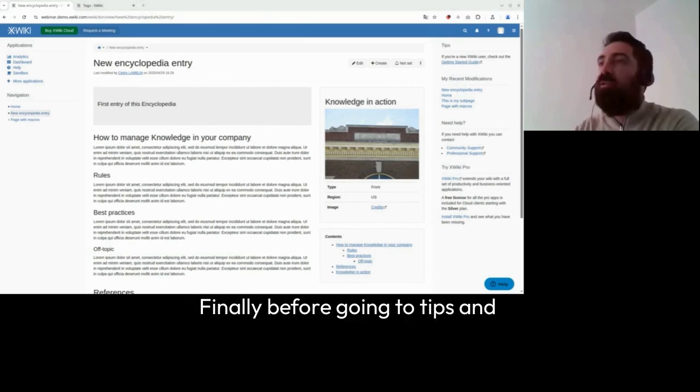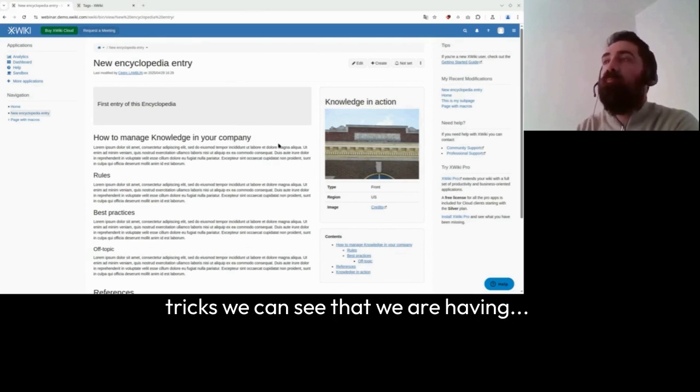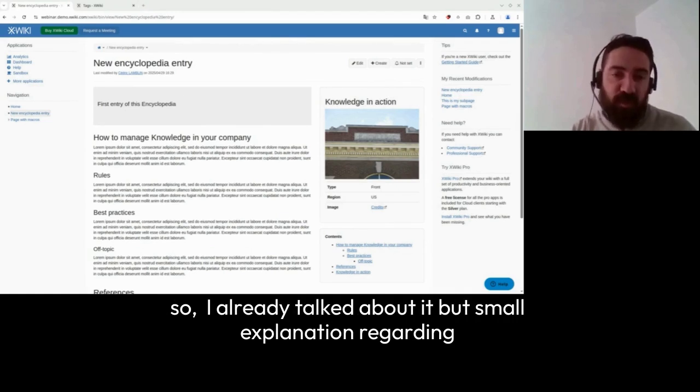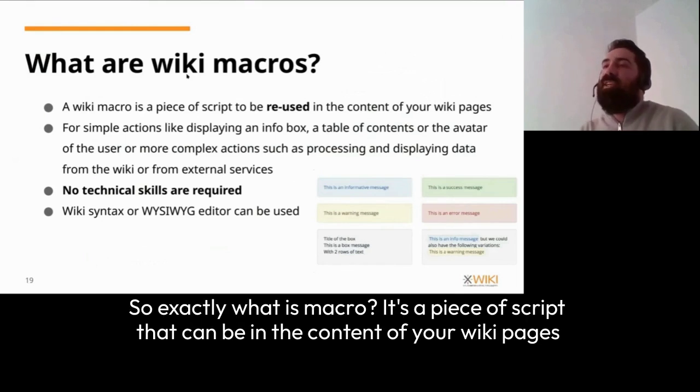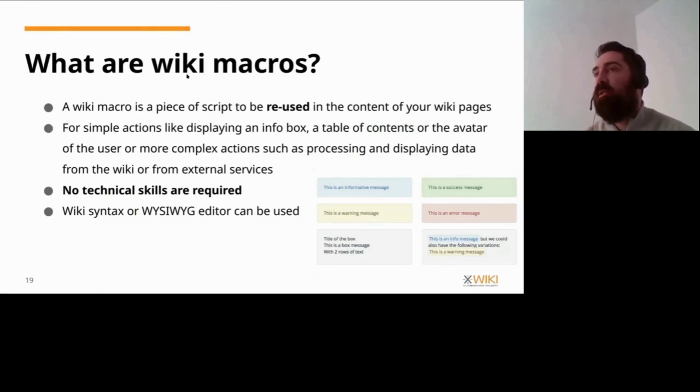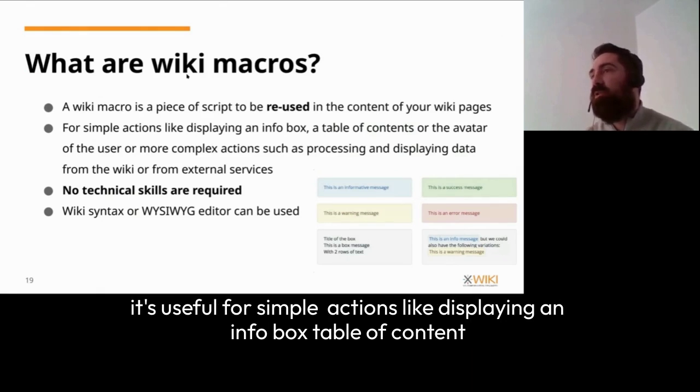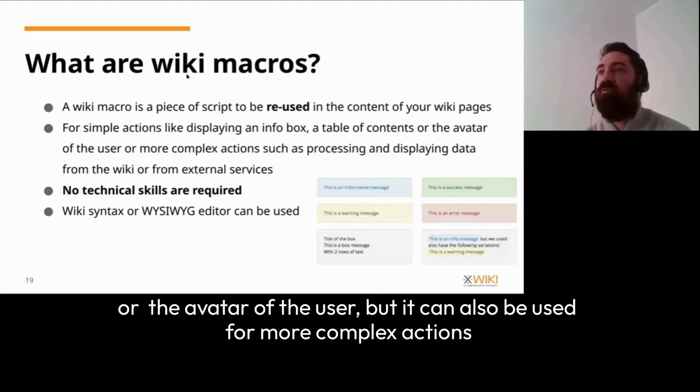Finally, before going to tips and tricks, I already talked about it, but a small explanation regarding macros. So exactly what is a macro? It's a piece of script that can be reused in the content of your wiki pages. It's useful for simple actions like displaying an info box, a table of contents, or the avatar of the user.